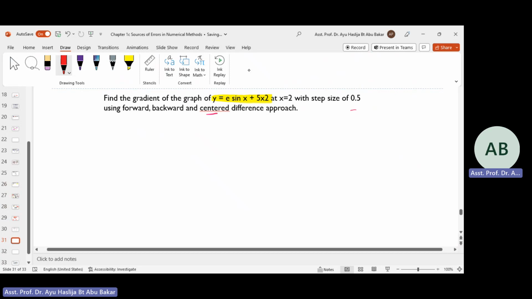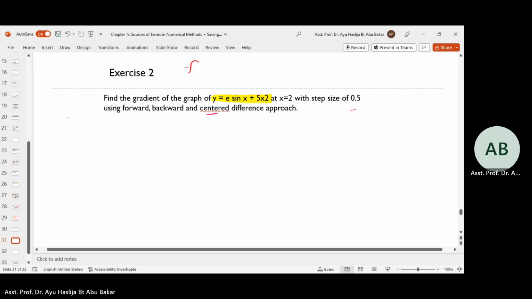The f(x) term is equivalent to y. Sometimes the question uses y, sometimes the question uses f(x), because in plotting the graph we have x-axis and y-axis. Sometimes they use the term for the y-axis as f(x), function of x. So y is equal to f(x).